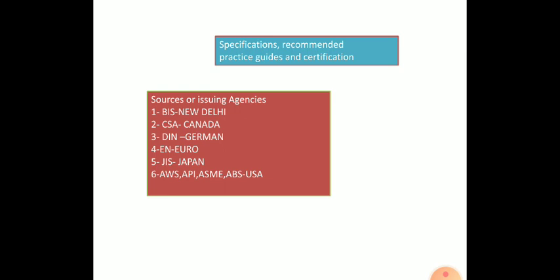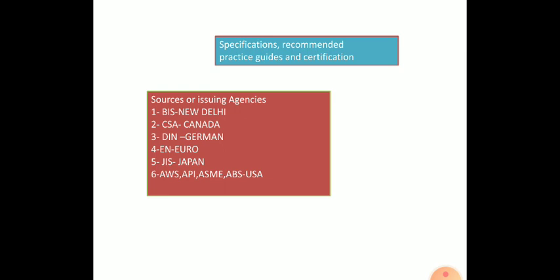and the bodies responsible for issuing them according to nationality. These are listed here. First, the Indian standard, obviously. Then the BS, that is the British Standard, issued by the British Standards Association, which is not included here. Another is the CSA, the Canadian Standard, issued by the Canadian Standards Association.